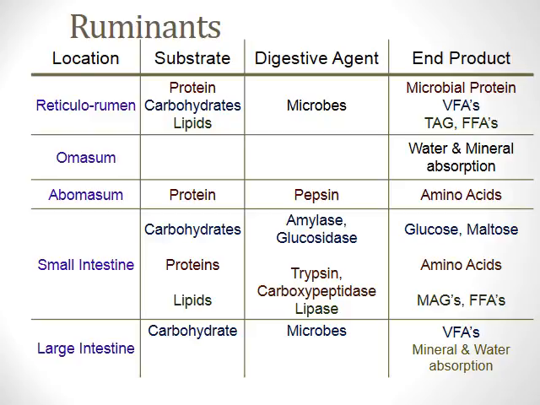So this is the predominant difference between simple stomach animals, monogastrics, which include hindgut fermenters, and ruminants and foregut fermenters.